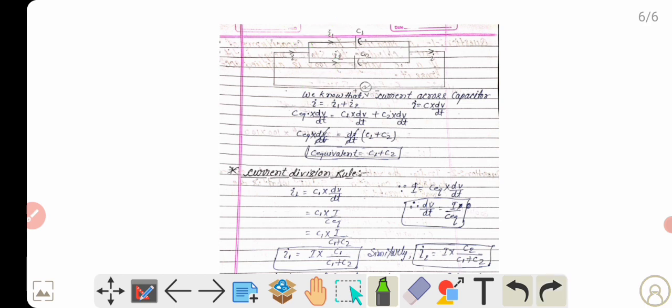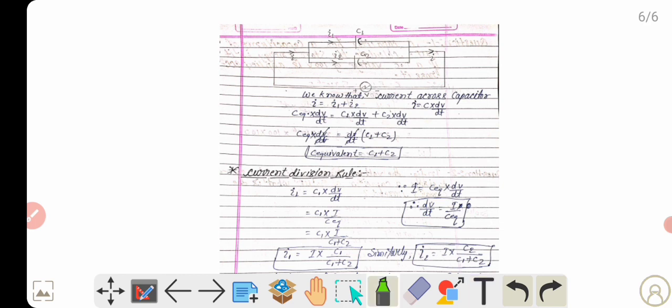Now my dear friends, we know that the current across a capacitor is I equal to C into dV by dt. Now we will use this concept here, and the equivalent current will be equal to I1 plus I2. Using this, we move further.